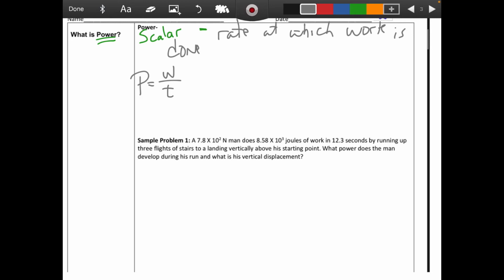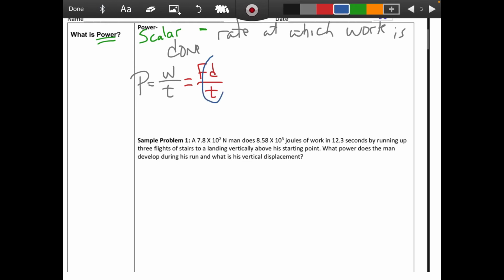Now, it's very easy to remember this because if you want to have power in your lifetime, you need to work over time. So work over time, and you're going to have power. And it's just a very simple way to define it. If you take it a step further, we've just previously learned that work is equal to the force times the distance. So we could also use P equals FD over T. And we could take that a step further.